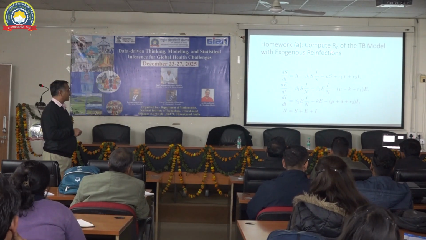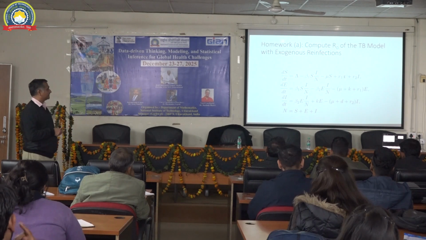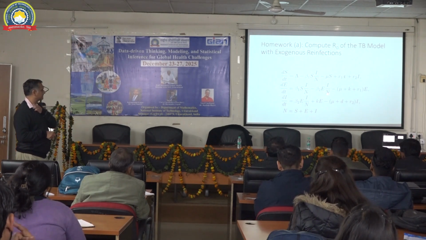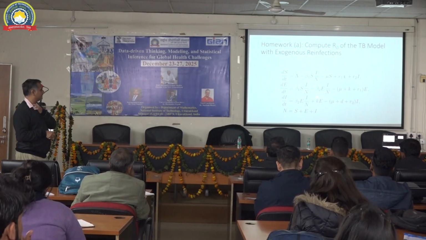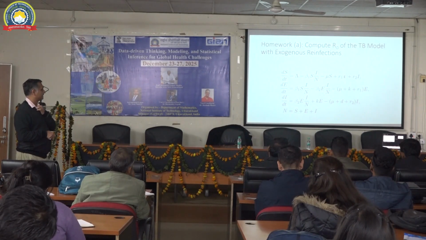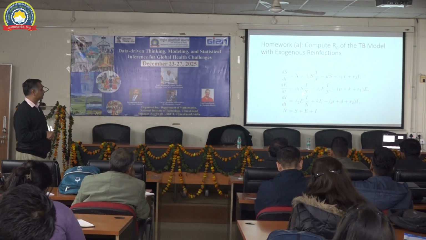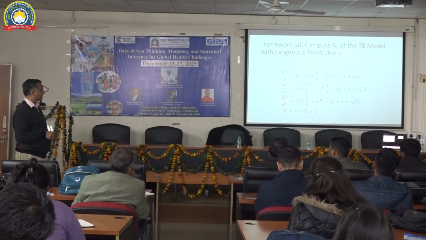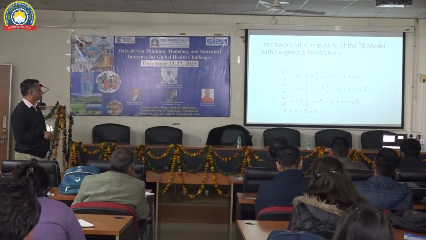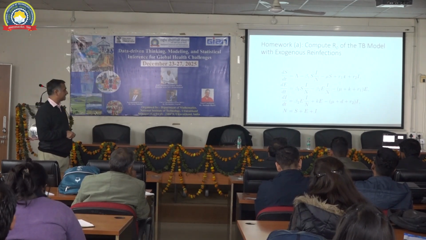This is a model for computing R0 for TB with exogenous reinfections, and this is basically where people who are exposed are also getting infected. So I is infecting E. That means there is a dormant state.